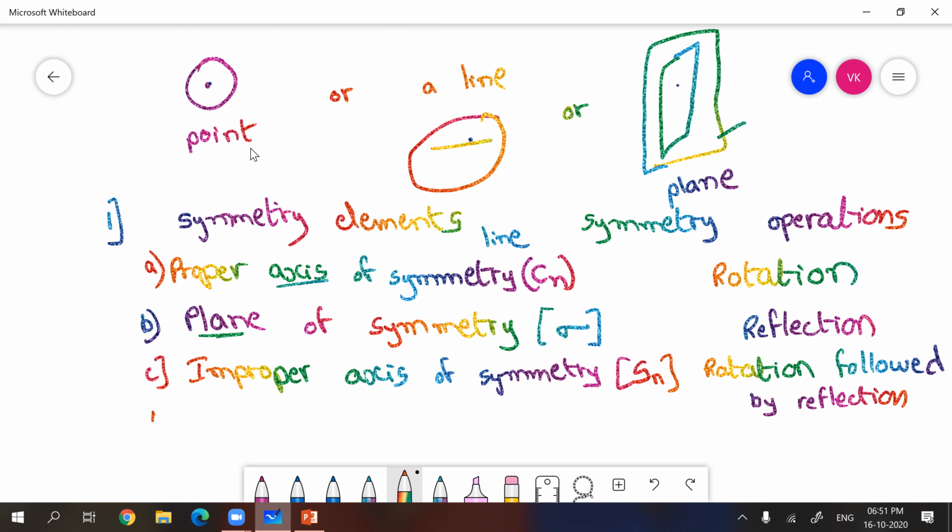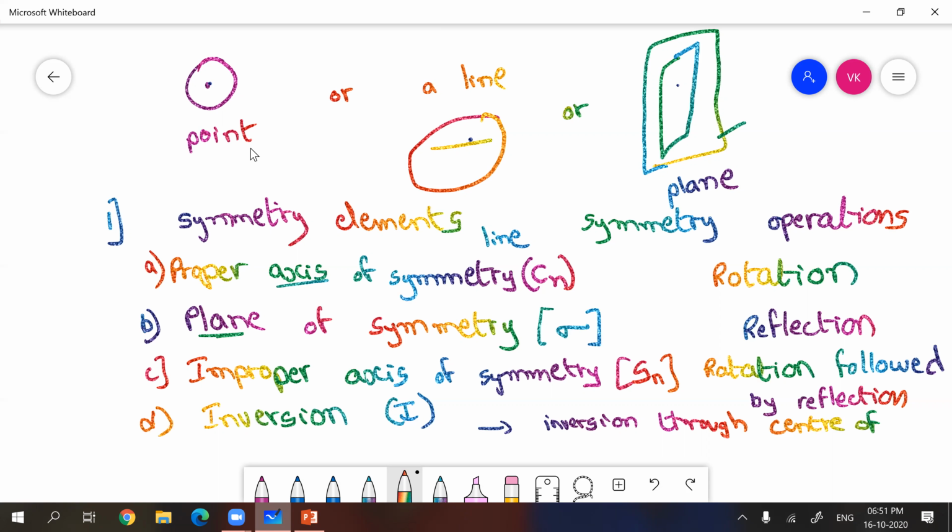Next, the fourth element is inversion. It is indicated with i, and here the symmetry operation is inversion through a center. So generally that center is the center of gravity. So what is the symmetry element here? In this case, it's a point.